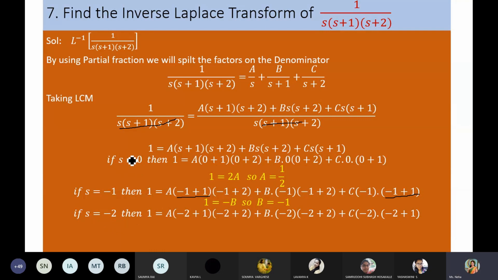Hence substitute s value as minus 2. You can take any value of s such that a factor becomes 0, so that you get the constant value. If s equals minus 2, this factor will be 0, this factor will be 0, and only the c part remains. 1 equals 2c, so c equals 1 by 2.